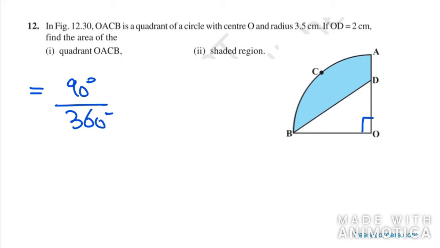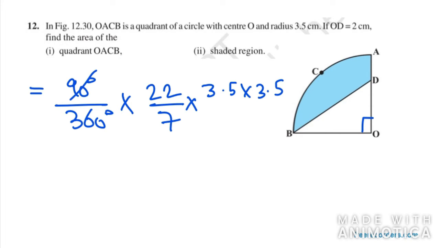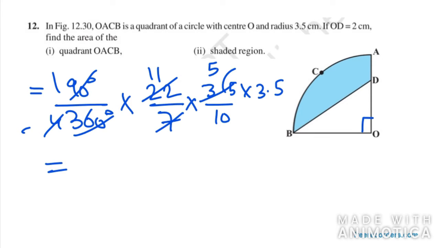So 90 degree over 360 pi r square, 22 over 7, r square is 3.5. So 90 over 360 will be 1 by 4. Removing point here. So 5, 4 and 22 will be 11 by 2. Now when you solve this, you will get your answer as 77 over 8.